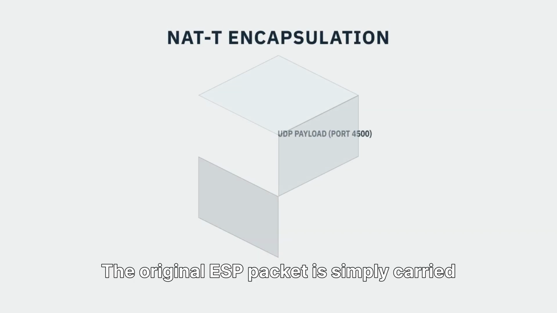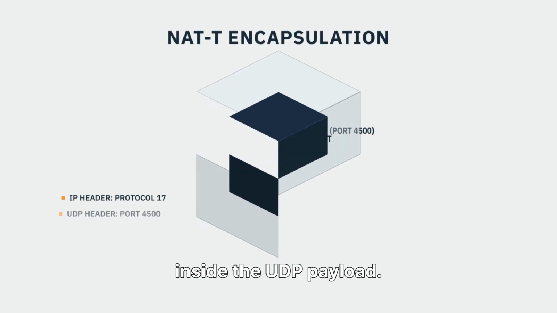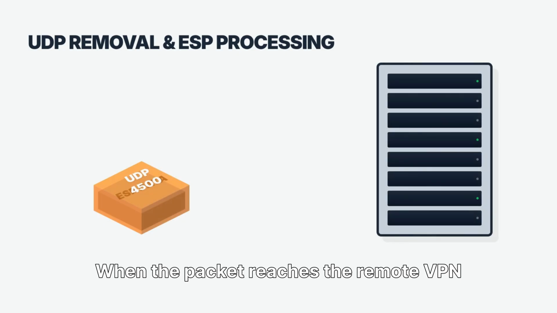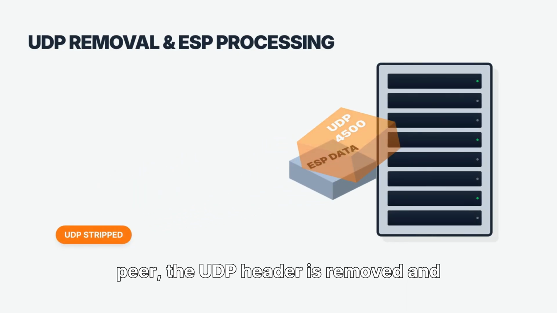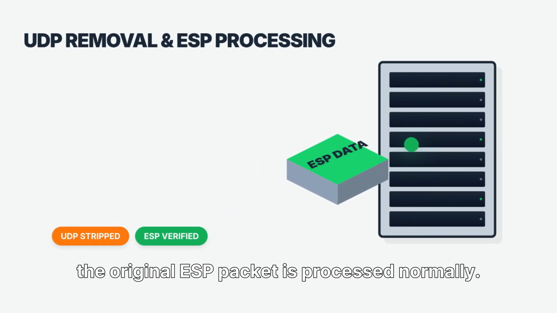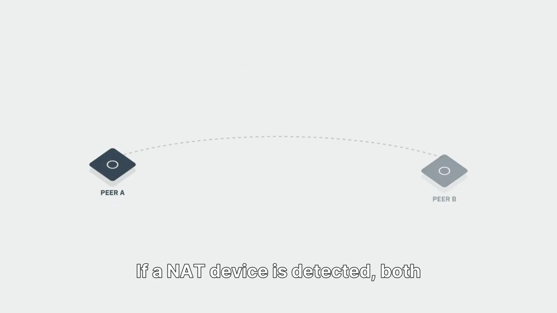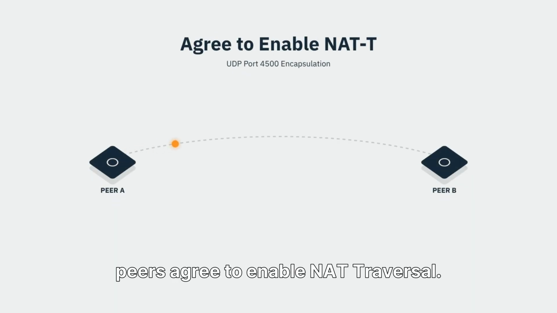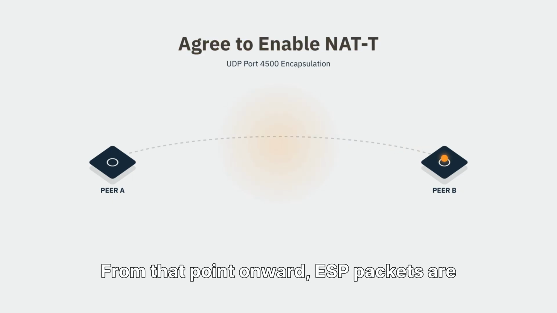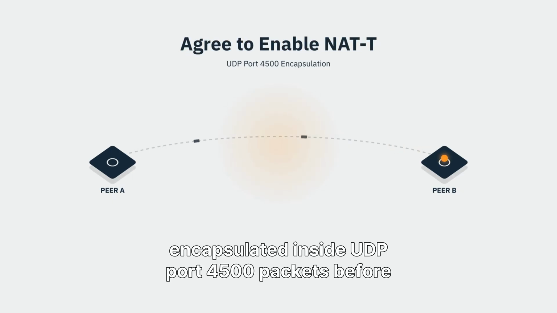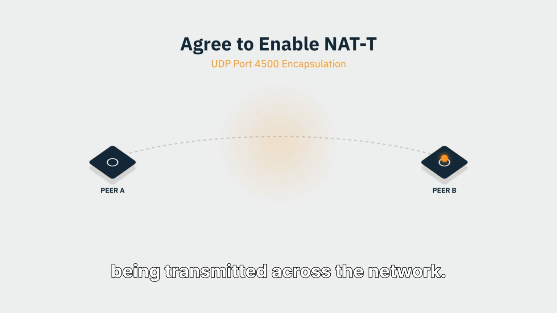The original ESP packet is simply carried inside the UDP payload. When the packet reaches the remote VPN peer, the UDP header is removed and the original ESP packet is processed normally. If a NAT device is detected, both peers agree to enable NAT Traversal. From that point onward, ESP packets are encapsulated inside UDP port 4500 packets before being transmitted across the network.